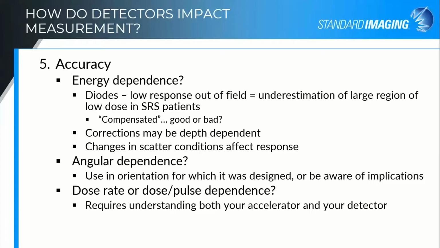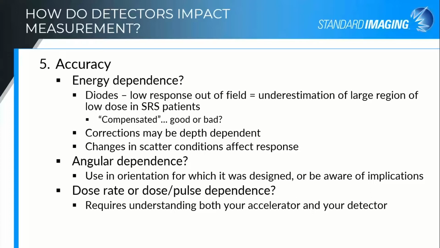Changes in scatter conditions are similar, just because you have the low energy scatter, the presence or absence of it can affect the overall result of your detector. If your detector has any angular dependence, it's best to use it in the orientation for which it was designed. Otherwise, you do need to be aware of implications of using things at other orientations and potentially applying corrections for that as well.